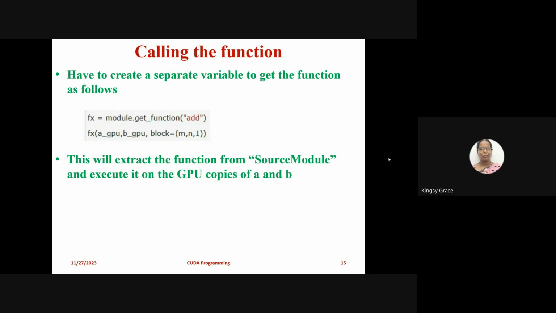You can also create a separate variable to get the function. Module.get_function of add, and here you can give the arguments like A_GPU, B_GPU, and block equal to your block. So what it will do is extract the function from the source module and execute it on the GPU.